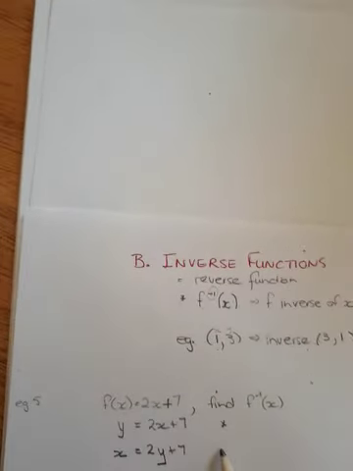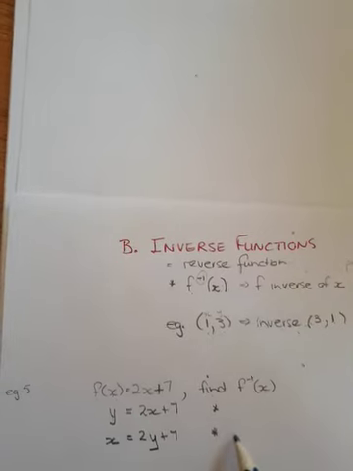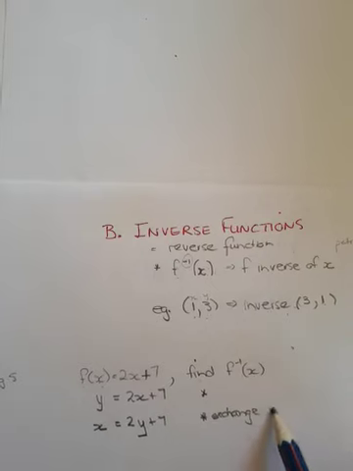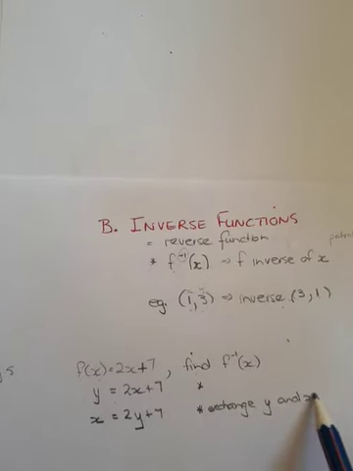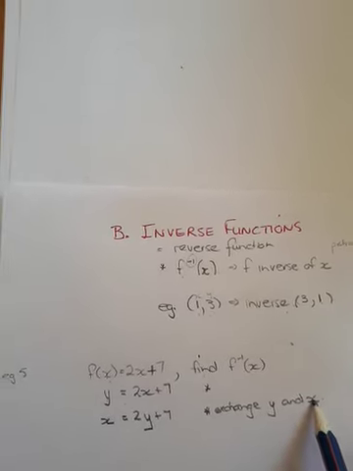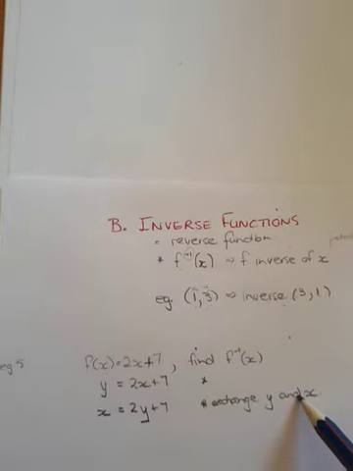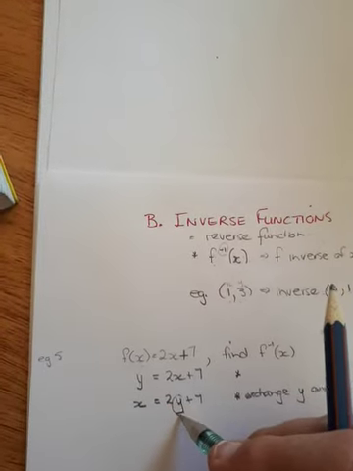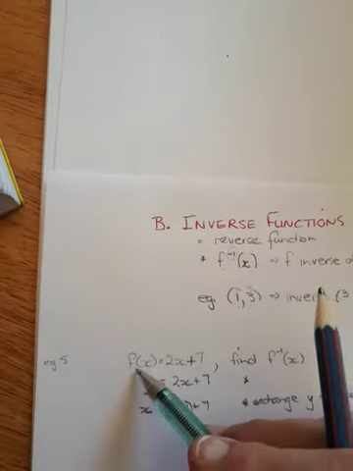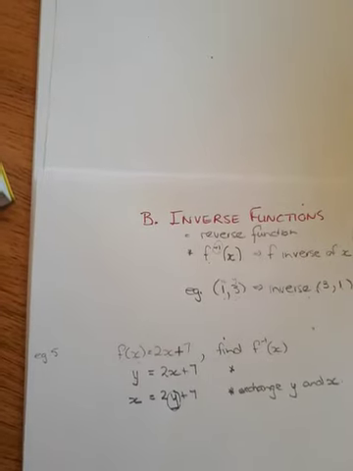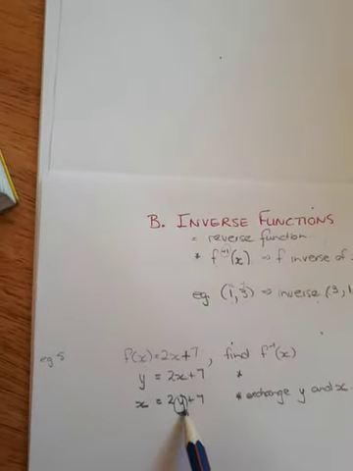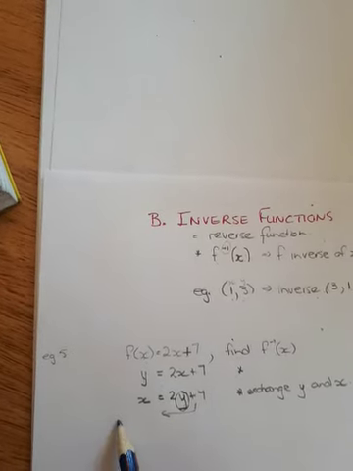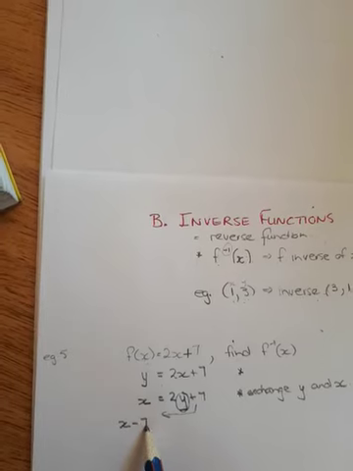So in this step, people, which is really the important one, you exchange the y and the x. All right, that is the most important part. And now we must just simply rewrite the formula. We want to express that in terms of y because we need to get the inverse of f of x. So again, we want to find y, meaning we must move over the 7, which becomes x minus 7.